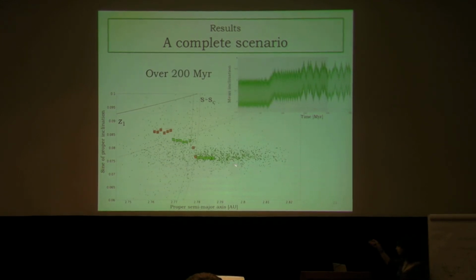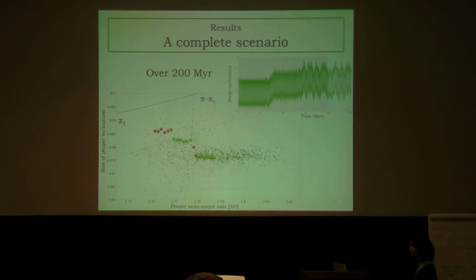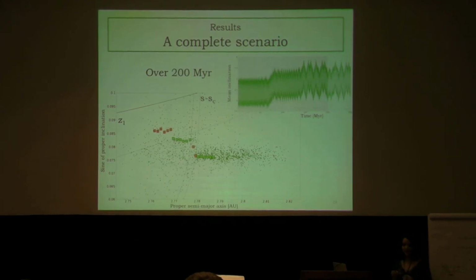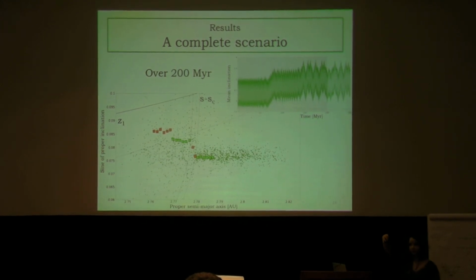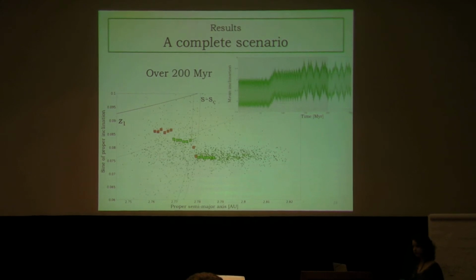So if we plot the complete path of these particles, it once again confirms that the secular resonance with Ceres is actually explaining the main diffusion in inclination for the members of the Hoffmeister family.